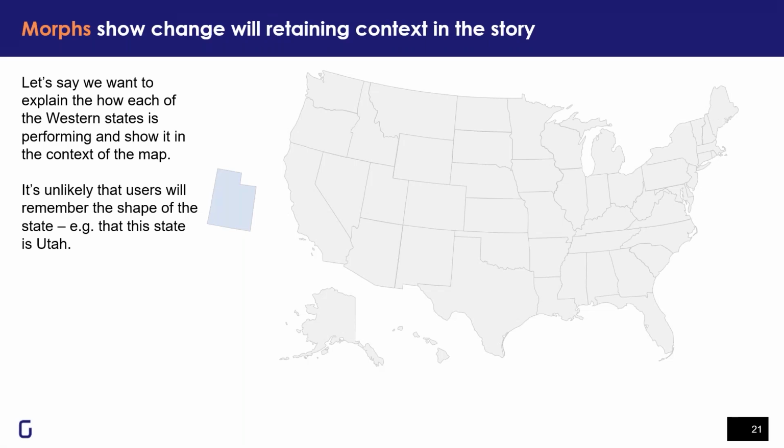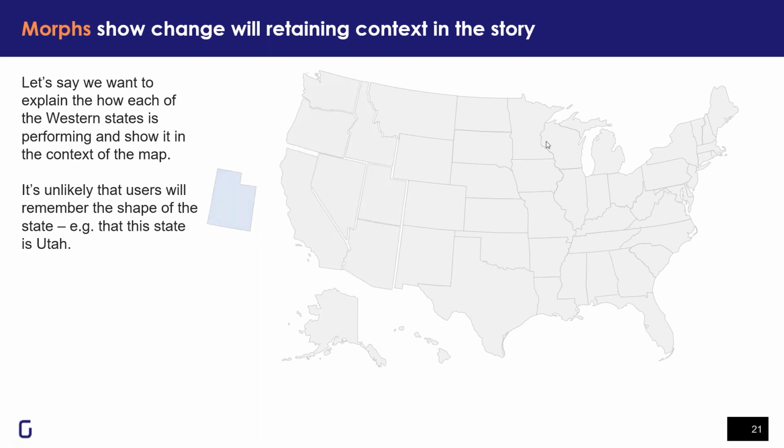Another way in which we can use this is through the morph animation or morph transition, which allows us to retain context. You saw the map situation earlier, right? So let's say that we want to highlight something about a few specific states and explode them. Now, if somebody just looks at a state with this shape, it's unlikely that they'll remember what state it is or where it came from in the overall picture.